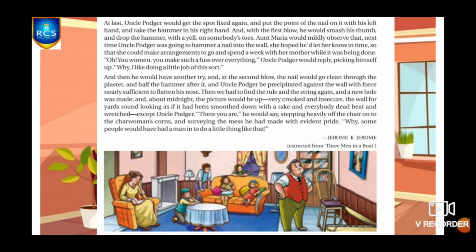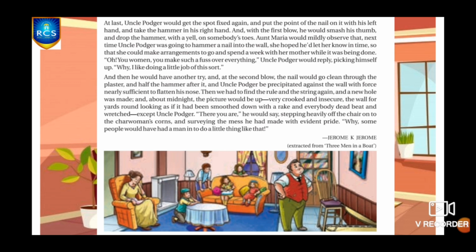Aunt Maria, after observing all this, said that hereafter, if Uncle Podger had to do some work, she would make arrangements to go and spend a week with her mother while it was being done. And for that, Uncle Podger got angry, and he would say, "Oh, you women, you make such a fuss over everything." That means you're always shouting over something, he was saying, picking himself up. "Why, I like doing a little job of this sort. I always like to do these simple things in my life," he was feeling.